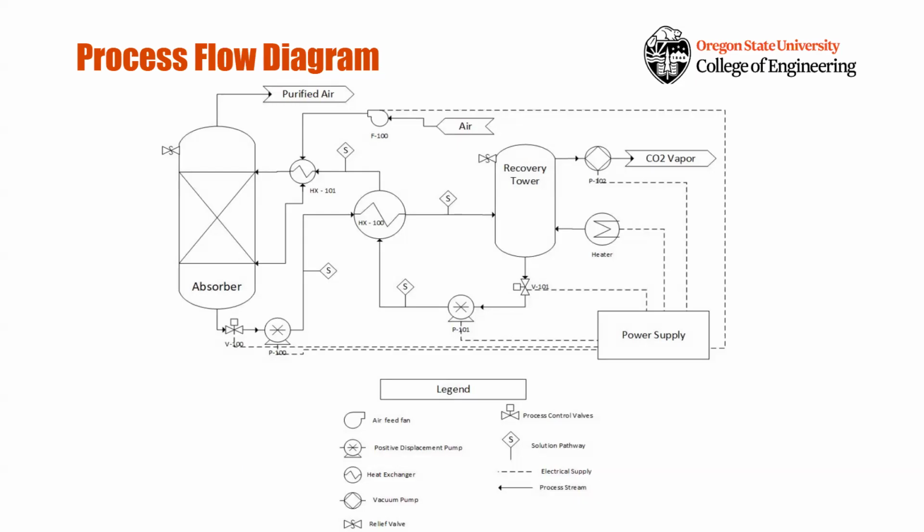And solvent will be circulated through that heater on the side to the right of it, while CO2 vapor will be pulled out by that vacuum pump. And recovery tower solvent will then go through the heat exchanger to be pre-cooled before being cooled finally to operation temperature by air.